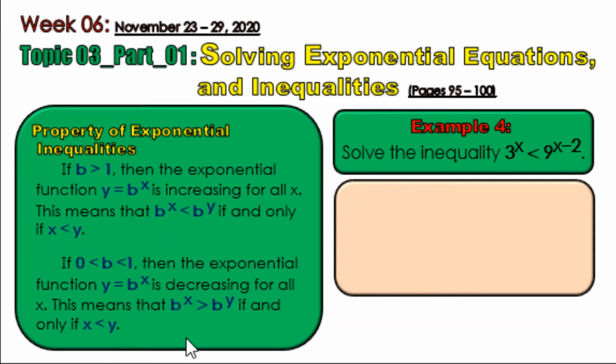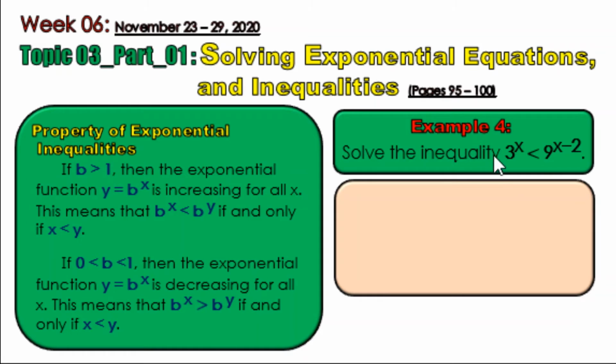So it simply shows that when the value of your b is between 0 and 1, the direction of your sign is reversed. Okay, so take note of the value of b for b greater than 1 and for b between 0 and 1. So for you to understand more, let us have an example.